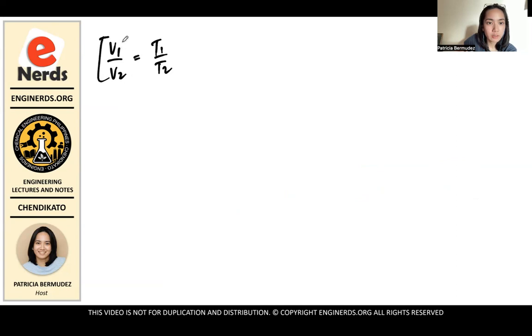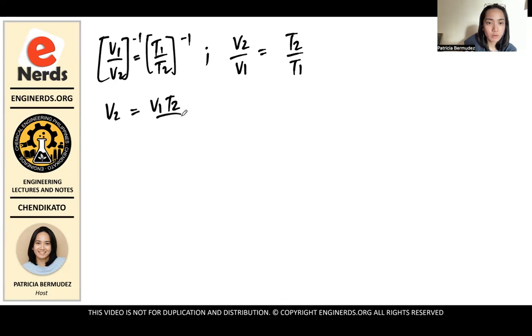And if we take the reciprocal of both, we have V2 over V1 is equal to T2 over T1. And then, ilagay na lang natin siya here. If we multiply both sides by V1, then yung V2 na lang ang matitira sa one side. So V2 is equal to V1 times T2 over T1. And we know that our V1 is pi D1 cubed over 6.